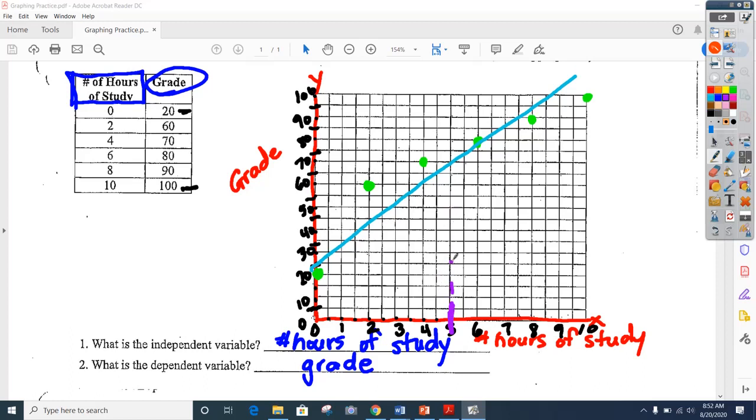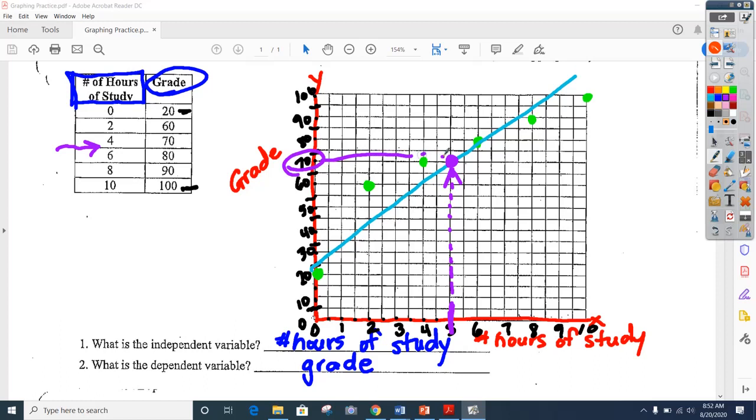If I go up from the 5, do you see how you do not have a data point? Meaning you did not ask this student to study for 5 hours and then record their grade. 5 hours is not something that was recorded over here on your data table. So I'm asking you about this point here on the graph. It looks like if the student studied for 5 hours, they would get a grade of about 70.